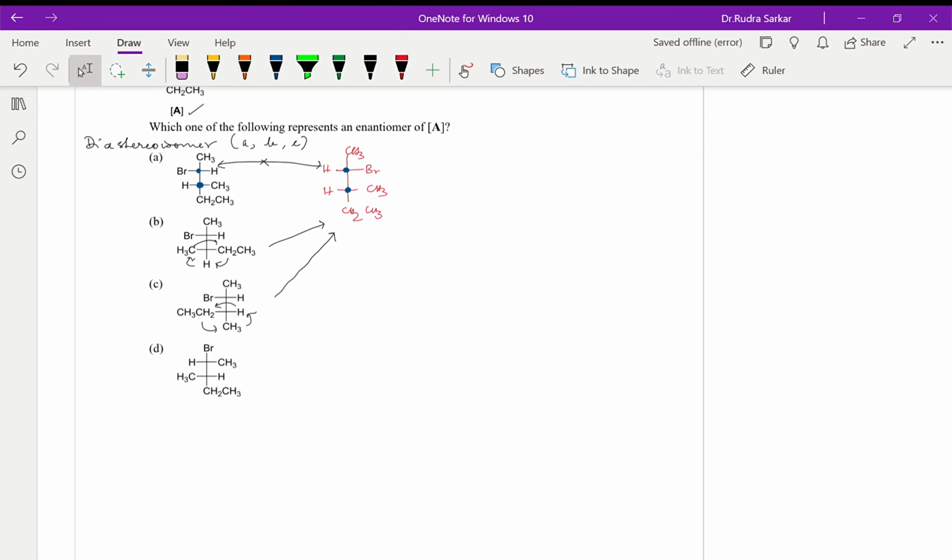Now if we check this one, so let's rotate the molecule. So we will take one here, H over here and CH3 over here. Now if we do that, then obviously D, okay, let's do something else.